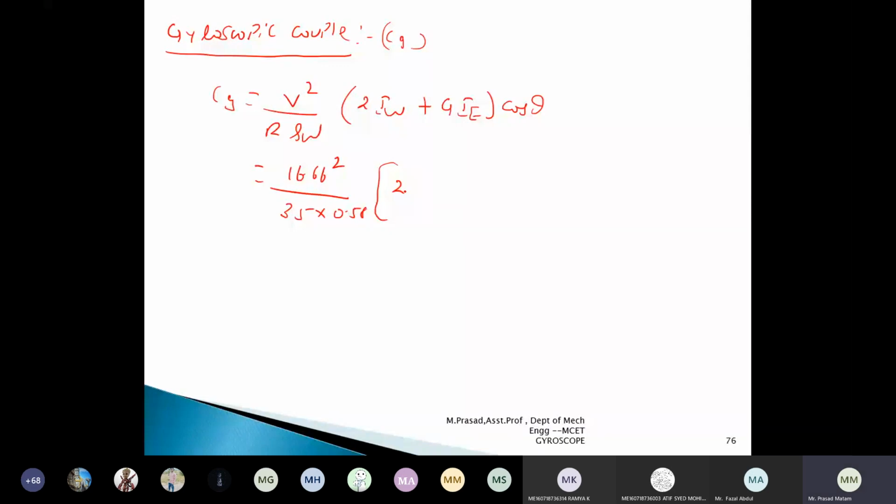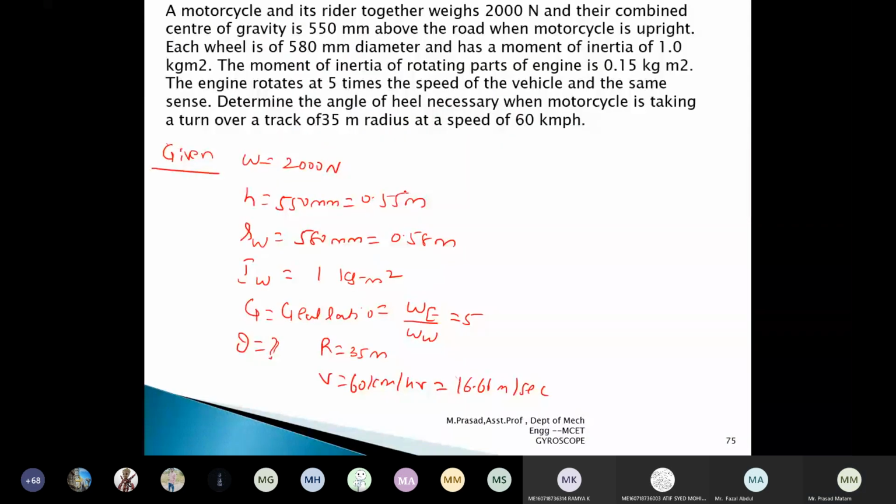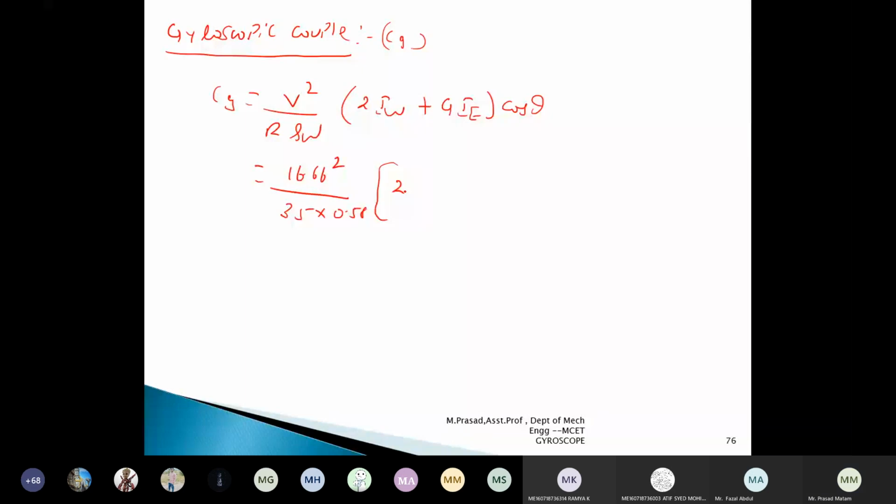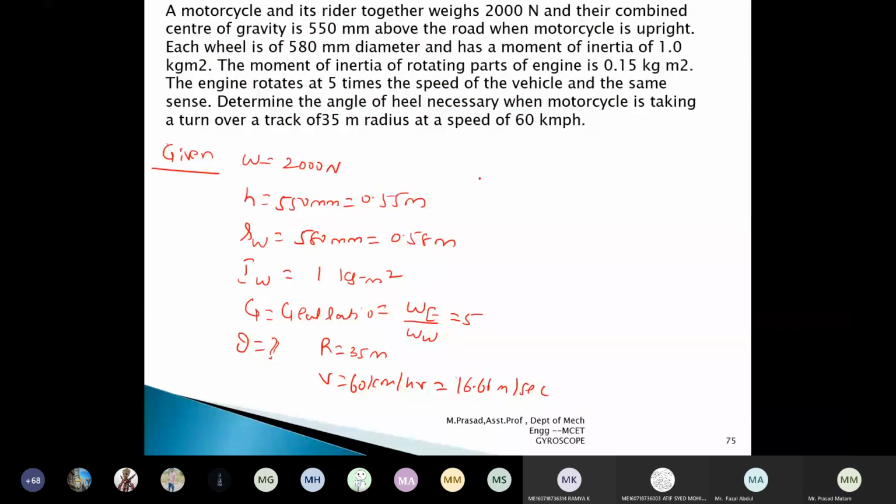Moment of inertia of the wheels, how much? 1 kg meter square. Moment of inertia of the wheel is 1. Gear ratio is 5. They have given the angular velocity of the engine and the moment of inertia of the engine. Here you can see the moment of inertia of rotating parts of the engine is 0.15 kg meter square.